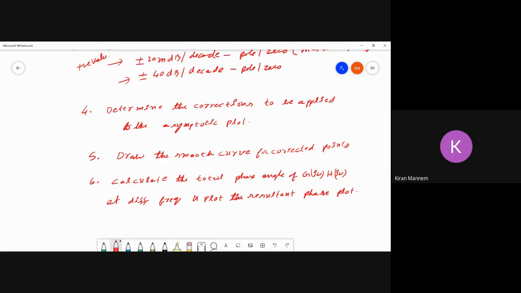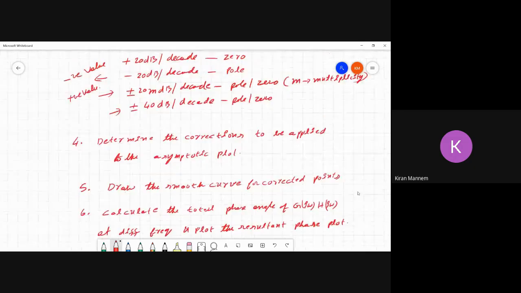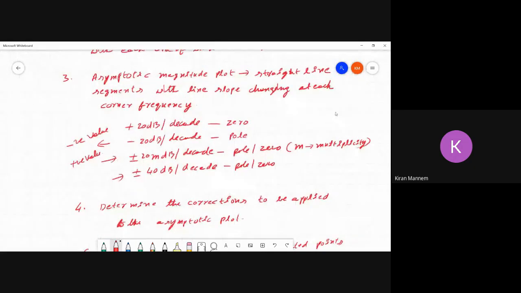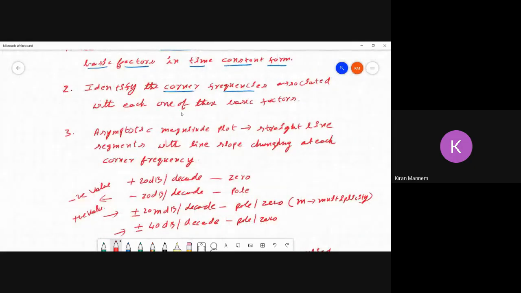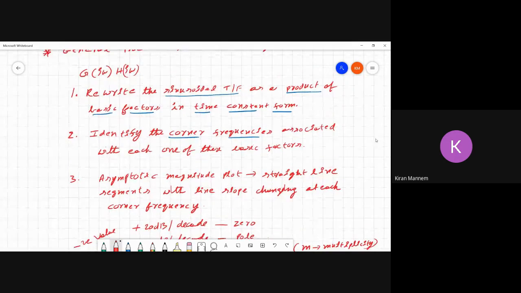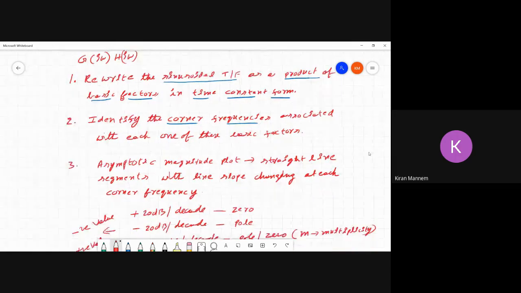So these are the 6 steps for drawing the Bode plot. Let us quickly revise the steps. The first step is we should write the transfer function in terms of the sinusoidal transfer function, as a product of basic factors, as well as in time constant form.